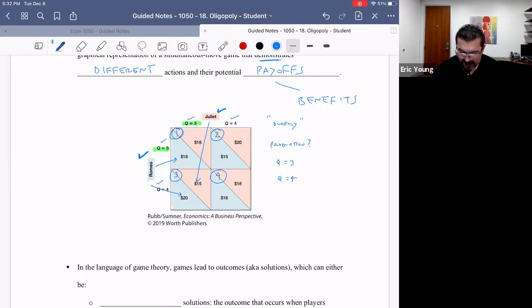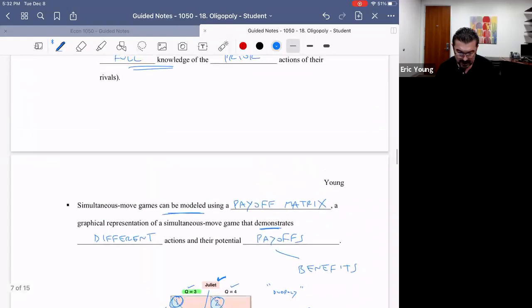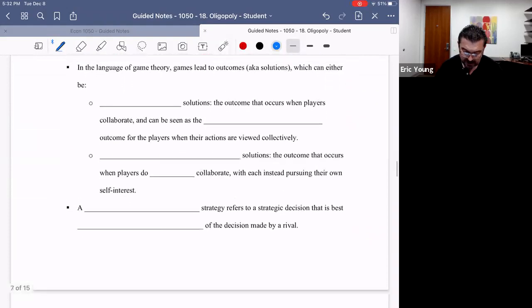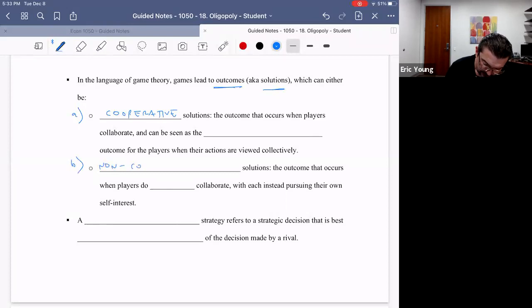Now, going back to the jargon, in the language of game theory, we learn that games can be simultaneous and sequential. We also believe in game theory jargon that outcomes, which are also called solutions in the sense of which square we land on, can either be what we're going to call A, cooperative solutions, or B, non-cooperative solutions, okay?